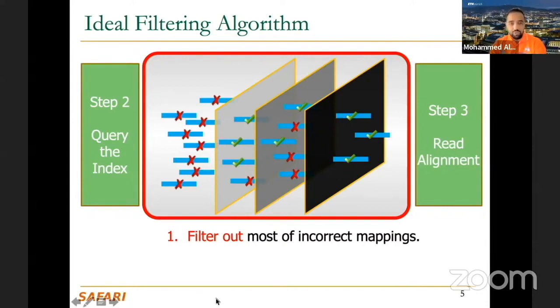People on YouTube can also participate, write in the chat box why we filter out most of the incorrect mappings, but not all of them. Let's wait a bit until we get some answers in the Zoom chat or YouTube. Why do we filter out most of the incorrect mappings, but not all of them?